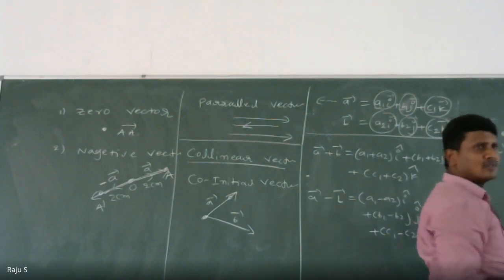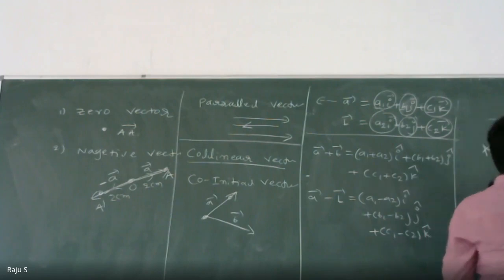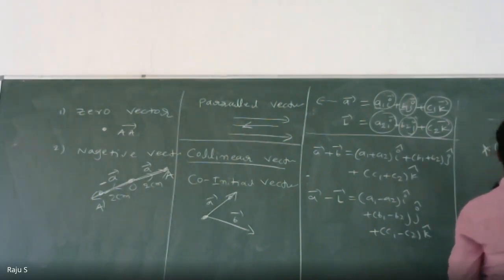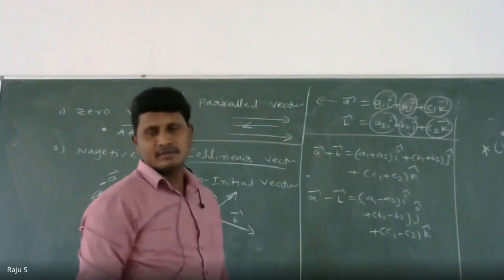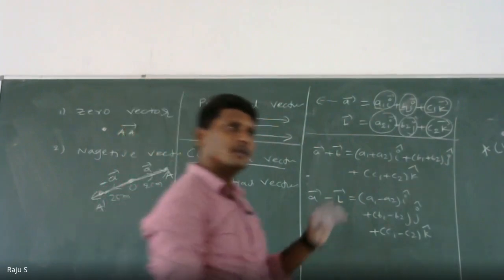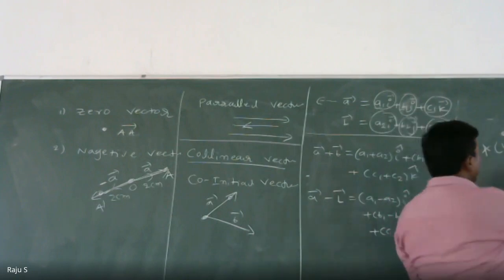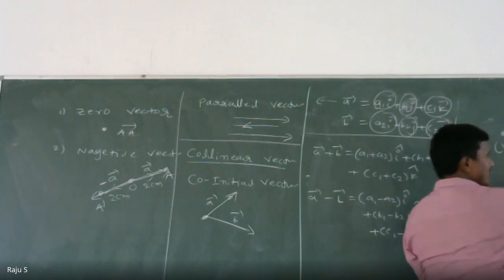If it is objective, we simply write 4 minus 1, 3I, 6 minus 2, 4J, 7 minus 3, 4K. That is direct, but in the answer we cannot write the direct answer, so we write the position vector of terminal point B minus position vector of initial point.